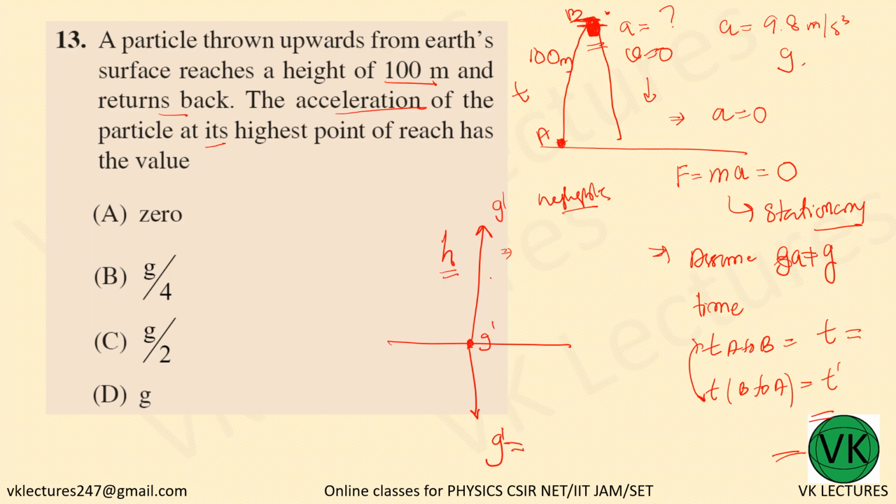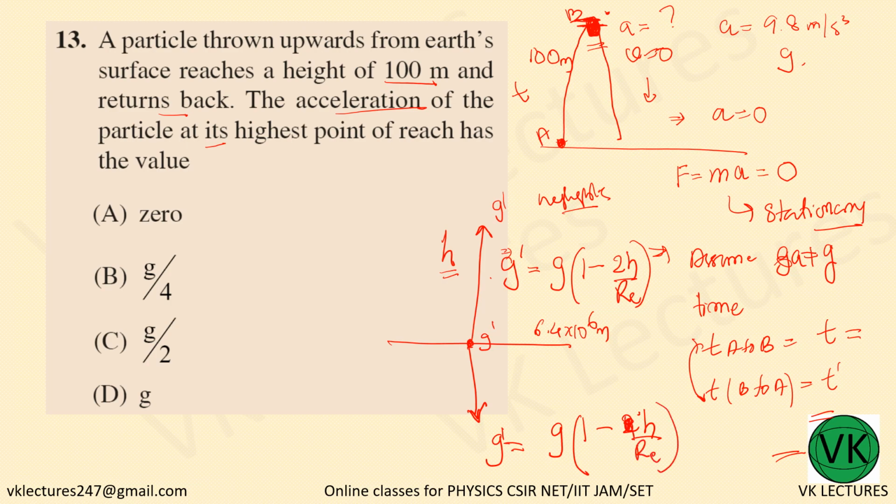If you go up, the acceleration g dash is equal to g into 1 minus 2h divided by Re, where Re is the radius of the earth, around 6.4 into 10 to the power 6 meter. As you go down into the earth, the change is given by 1 minus h divided by R, there is no 2. So when you go down the acceleration changes, and when you go up it also changes.